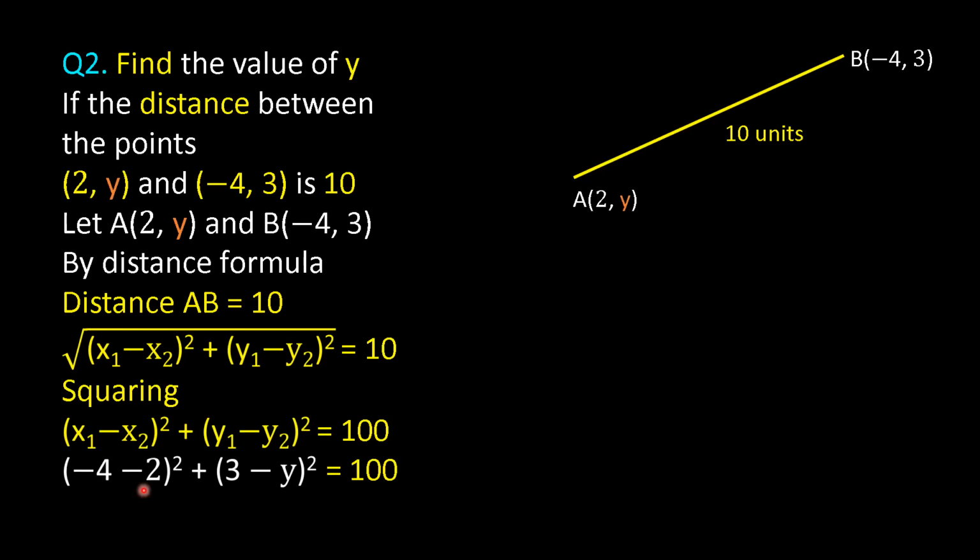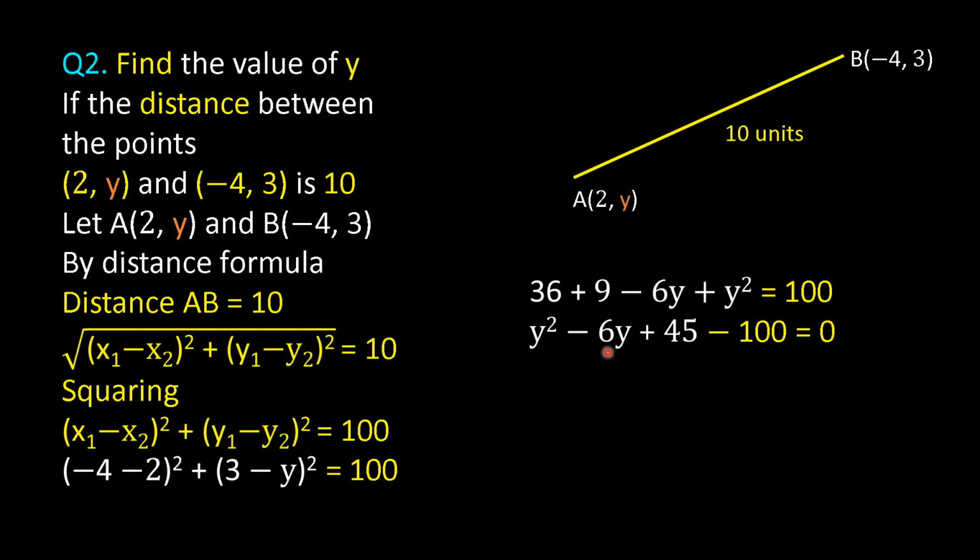It will be (minus 4 minus 2) squared, (3 minus y) squared, which will be 36 plus 9 plus expansion of (3 minus y) whole square, which will be 9 minus 6y plus y squared equals 100, which will be y squared minus 6y plus 45 minus 100, which will be y squared minus 6y minus 55 equals 0.